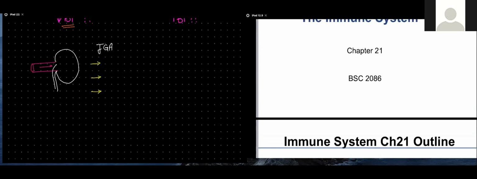We've got the macula densa, we've got the granular cells, we've got the juxtaglomerular mesangial cells.